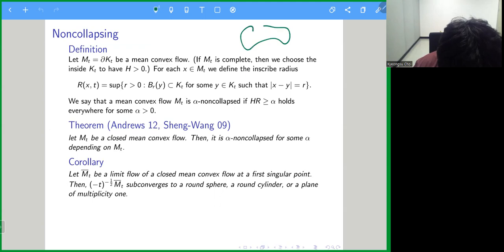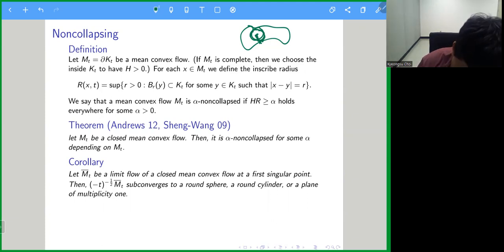Given a closed hypersurface and any point here, we may consider a maximal ball which is tangent to the point, inside the interior of the closed surface. Then we say the radius of this maximal inscribed ball is the inscribed radius.